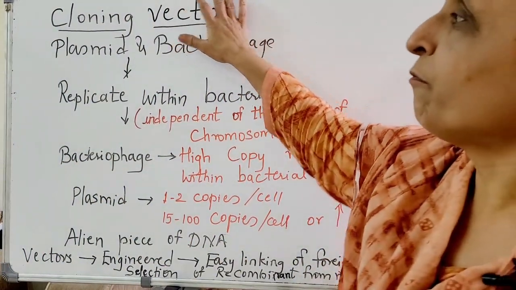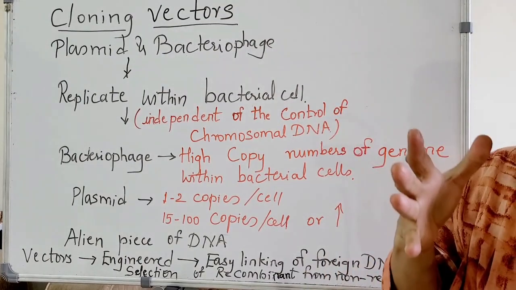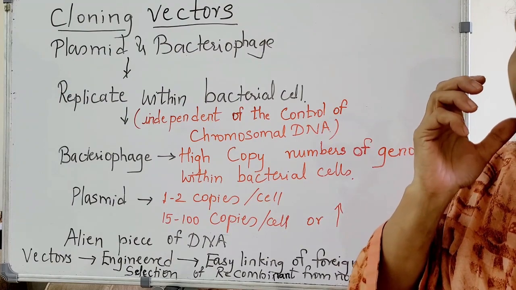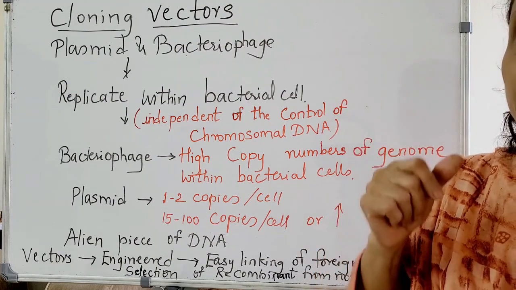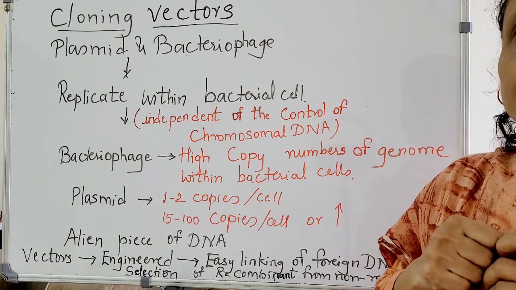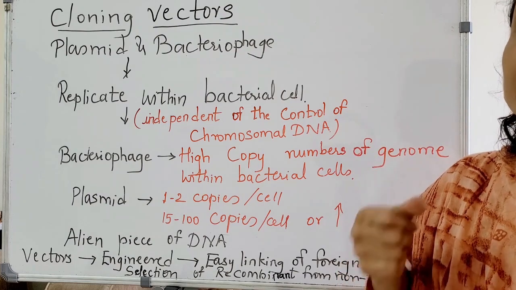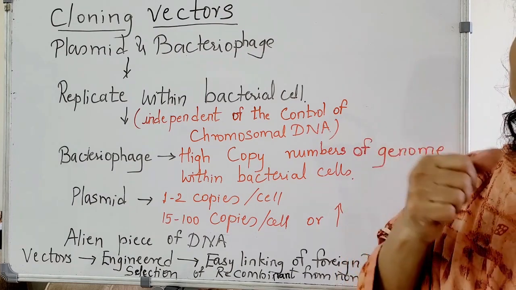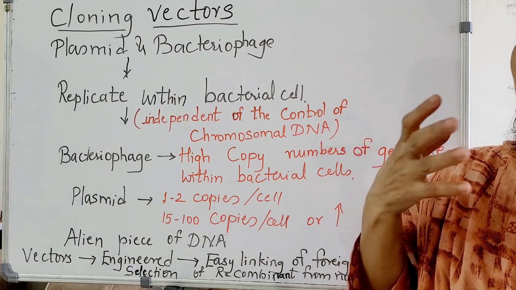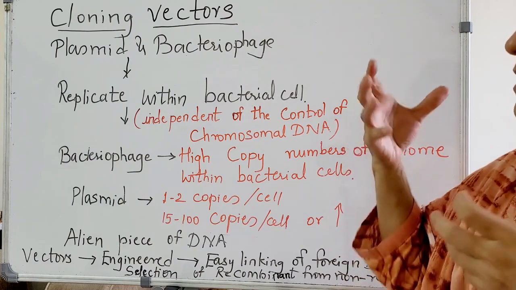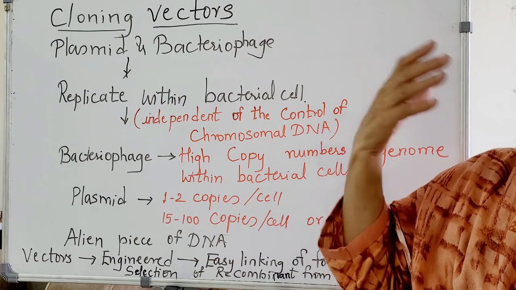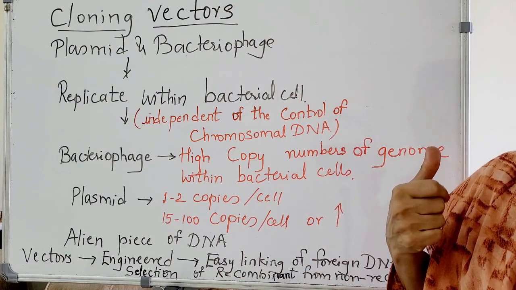Now the cloning vectors. Cloning vectors are engineered in such a way that the foreign DNA gets linked to them, the alien DNA. And they can select the recombinant from the non-recombinant. So these vectors are going to transfer our selected DNA by linking with the foreign DNA.